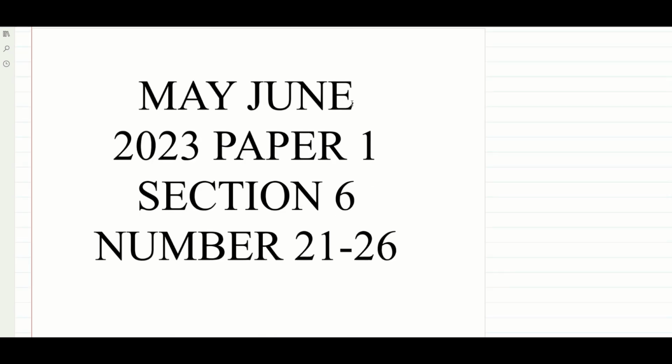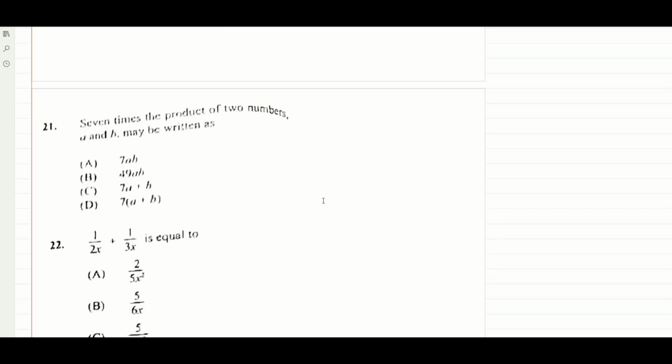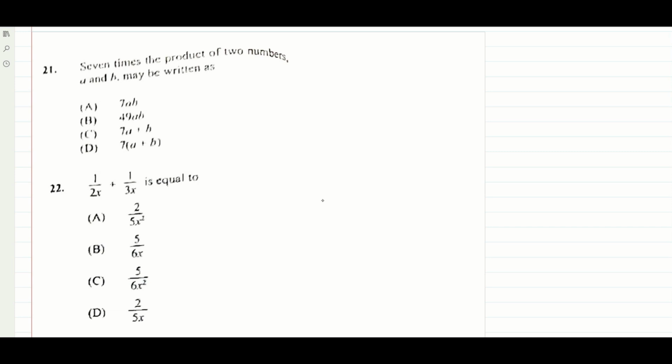Let's go and do May, June 2023, paper 1, number 21 to 26. Again, this is algebra I'm doing, so it's section 6. So they say 7 times a product means to multiply the product of two numbers, a and b. So 7 times a multiplied by b is written as 7ab, right? So that was a. Then they say what this is equals to 1 over 2x plus 1 over 3x.